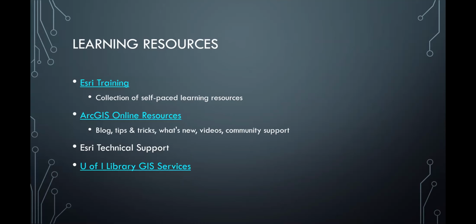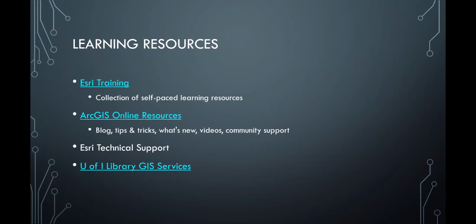Want to mention learning resources. There's a number of Esri training materials out there that are available to the public, and you can certainly watch videos that are publicly available and access different pieces of content that they have available. With a site license, you have access to more of their self-paced learning resources.